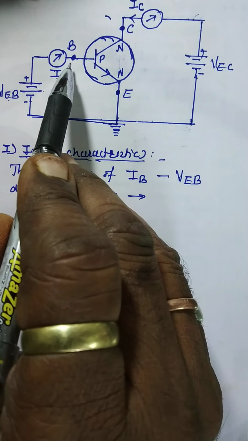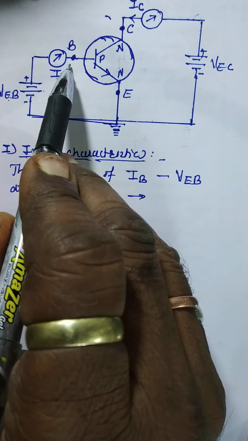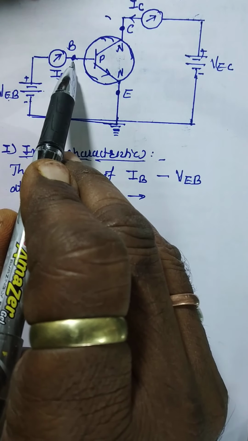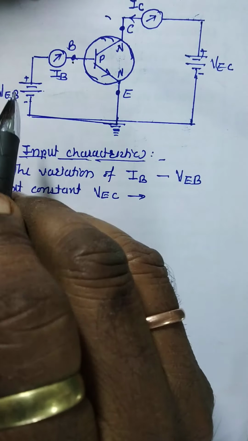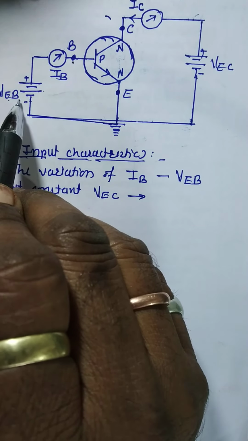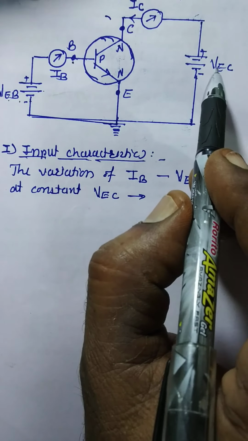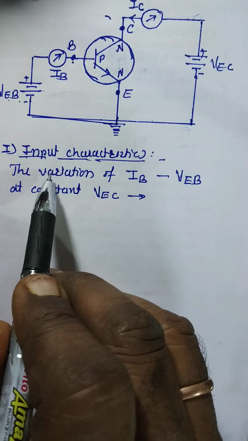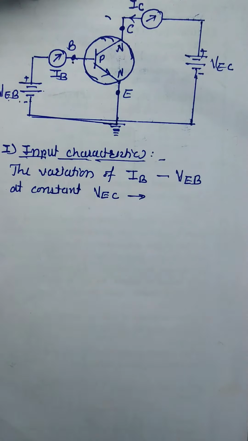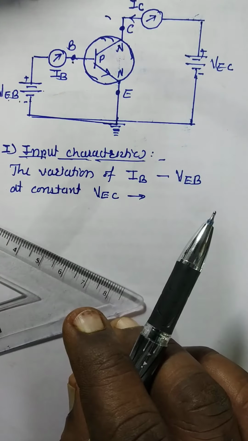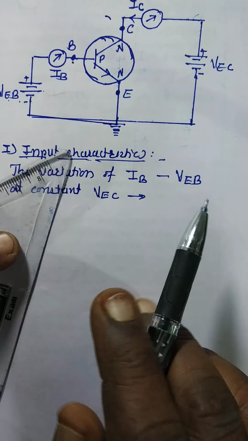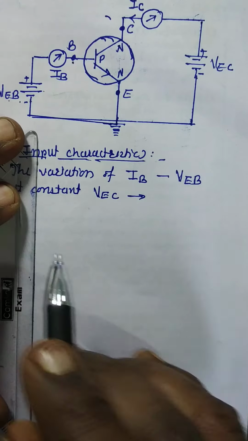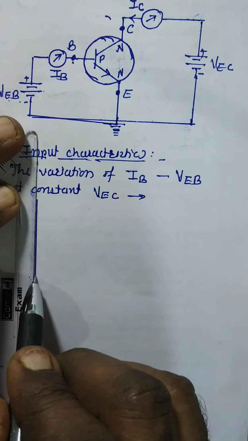The variation of base current IB with potential between emitter and base at constant potential between emitter and collector is called input characteristics. If the graph of base current with potential between emitter and base is plotted, then the nature of the graph is like this.